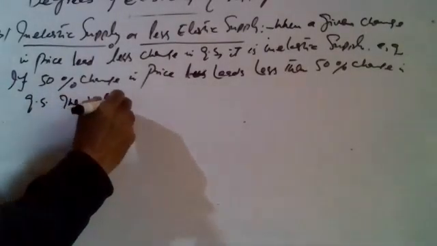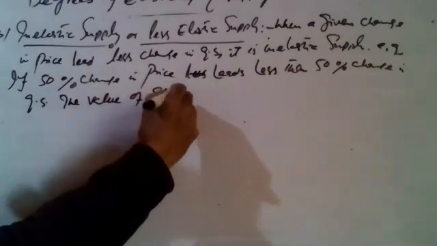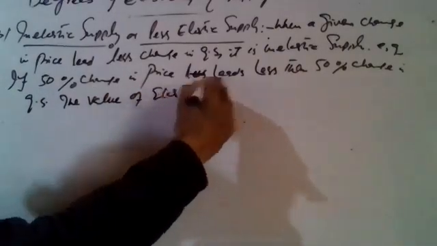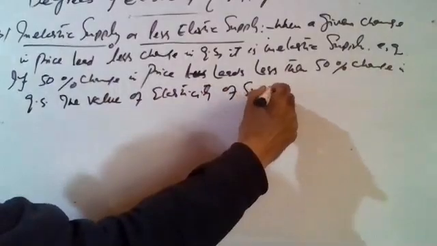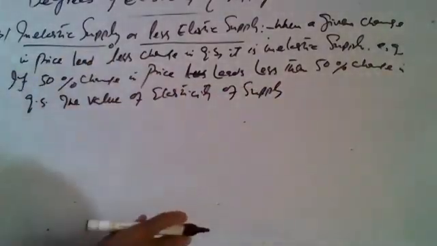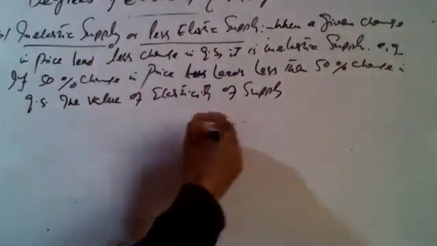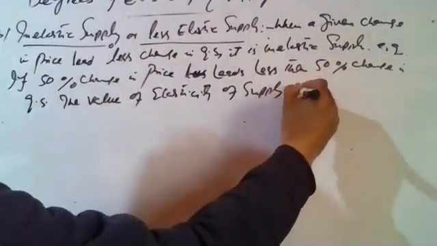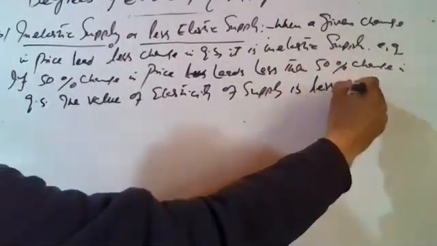The price changes by 50%, but supply changes by less than 50%. Then what is the value of elasticity of supply? Equal to 1? Greater than 1? No, it is less than 1.